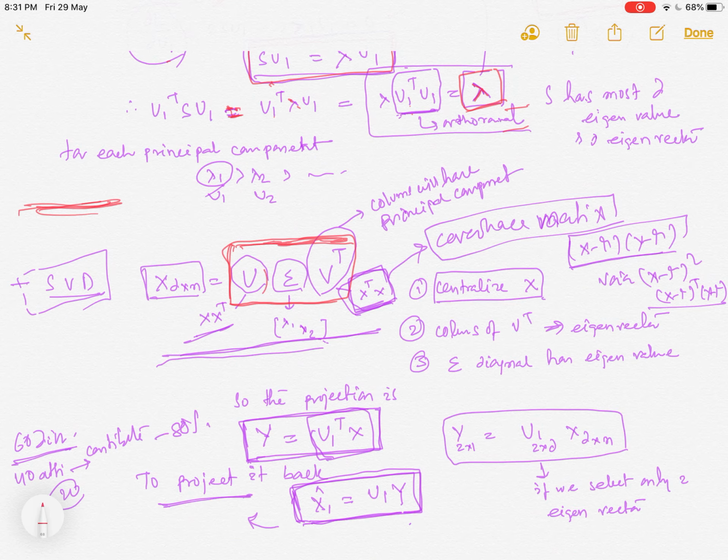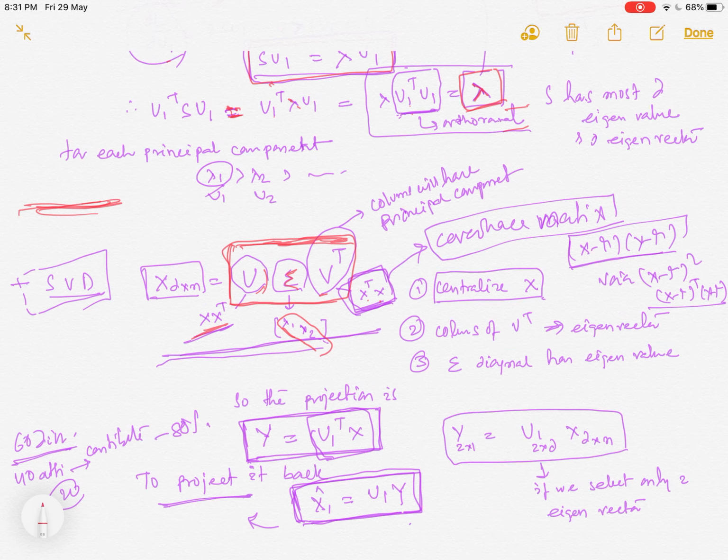U gives the eigenvectors of x x transpose, V transpose gives the eigenvectors of x transpose x, and sigma gives the eigenvalues. All of the eigenvalues will be on the diagonal of sigma.